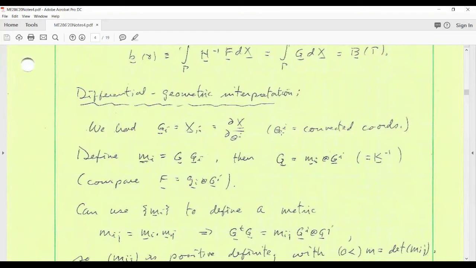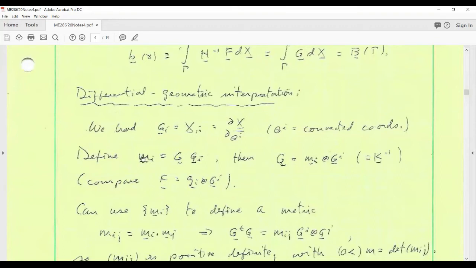Then that painted grid deforms with the body, then the convected coordinates, okay, as usual. Now, remember before, we used the deformation gradient that maps capital G sub I into small g sub I, right, from last lecture. We could imagine instead mapping the same capital G sub I's by the plastic part of the deformation gradient.